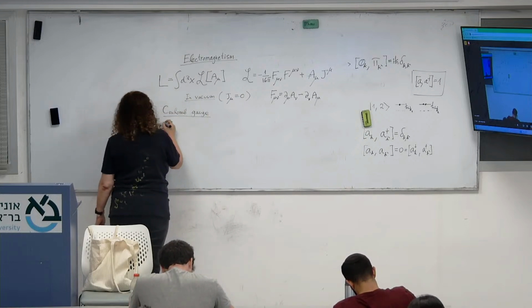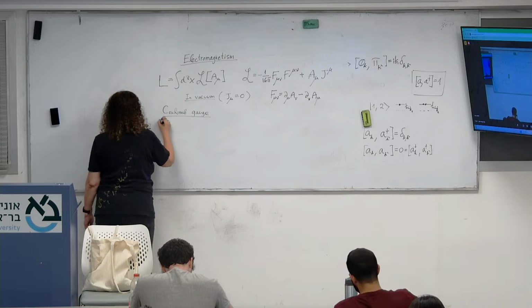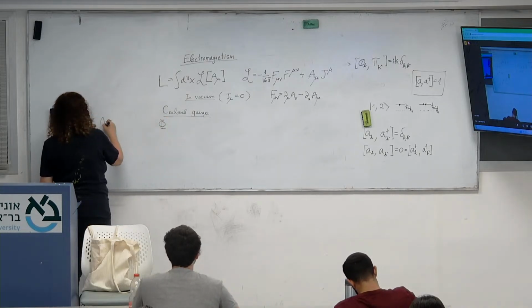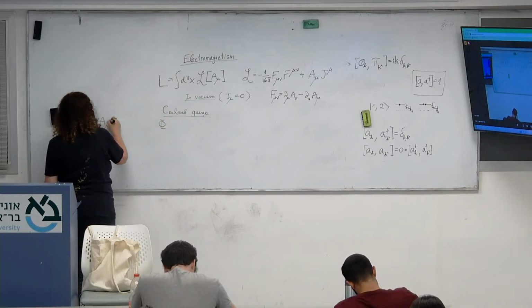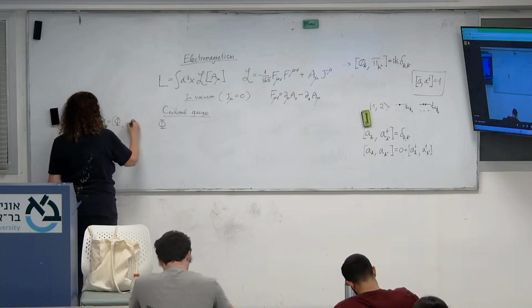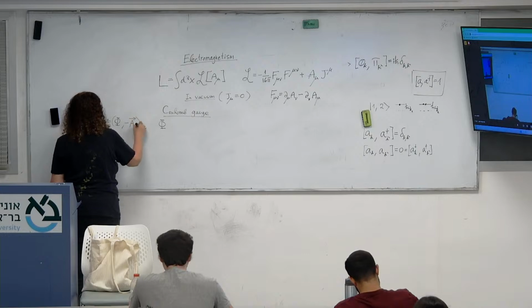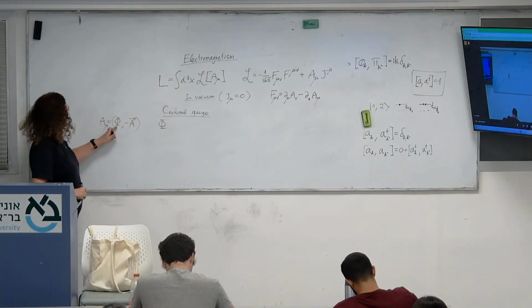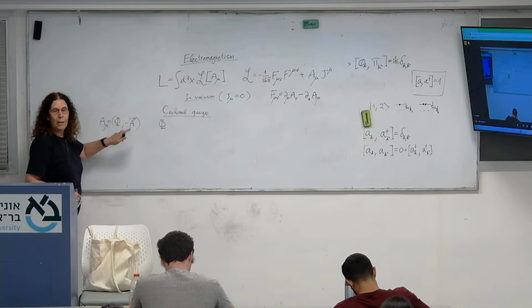Remember the four-vector A mu usually has 4 components, electrostatic and vector potential, right?